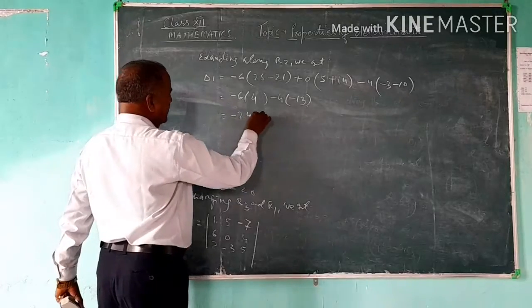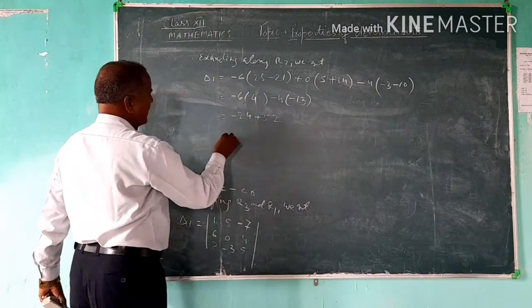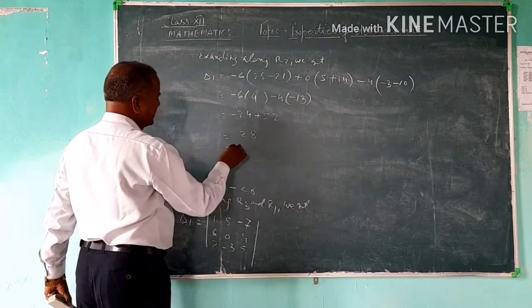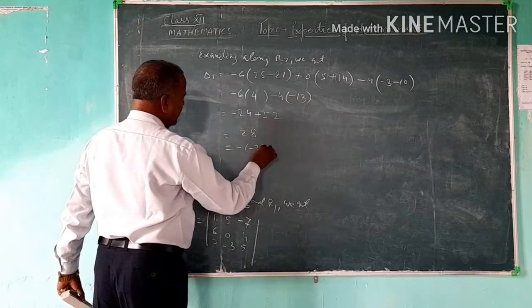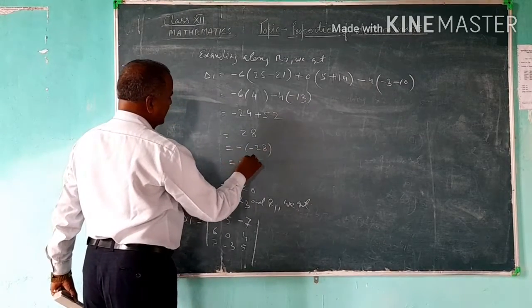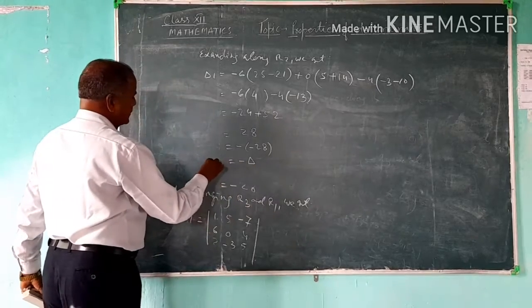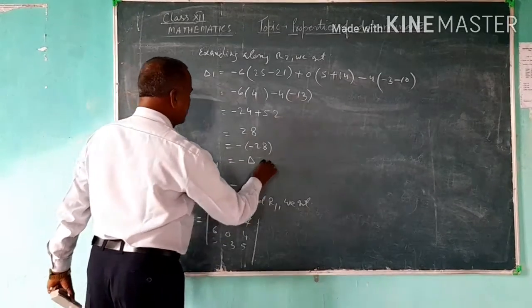So 54 and plus 52. So its value is 28 and this is equal to minus 28. So this is equal to minus delta. So delta 1 is equal to minus delta, verified.